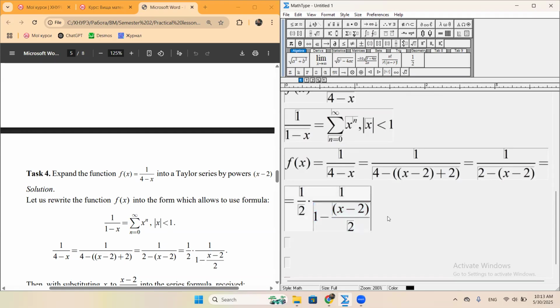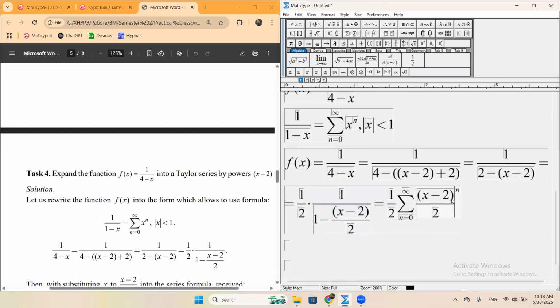And then we will substitute it into this formula. So x will be substituted into this formula: 1 over 2, substituting this in, (x minus 2) to the power of n over 2 to the power of n. So this is the final answer.